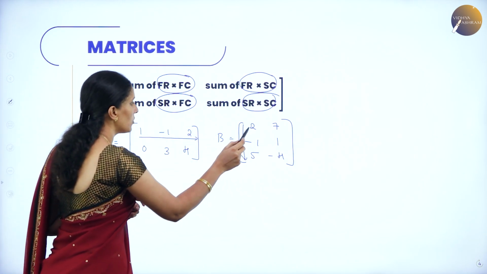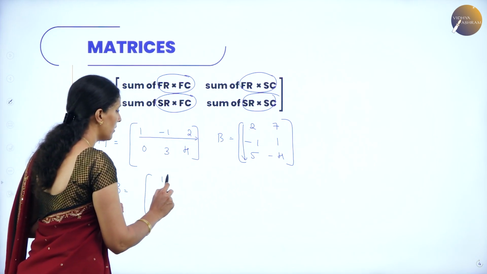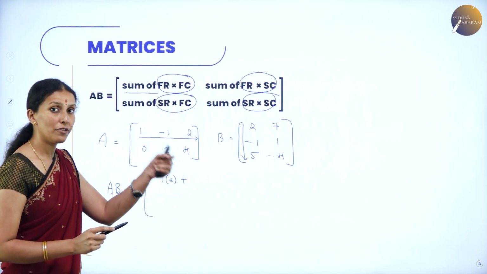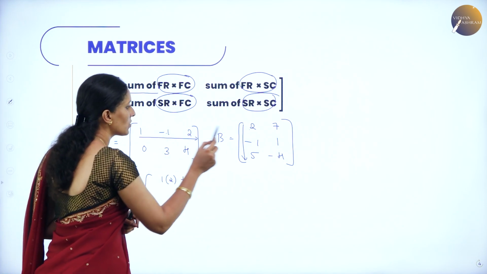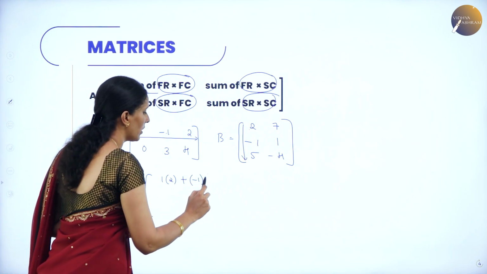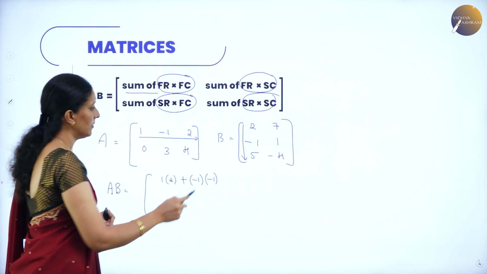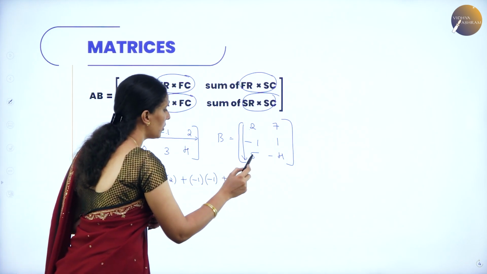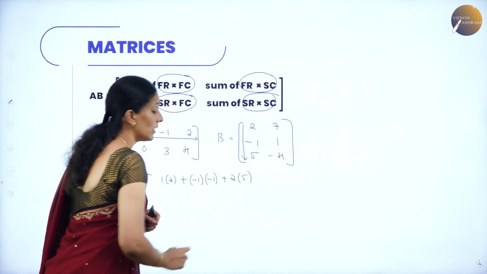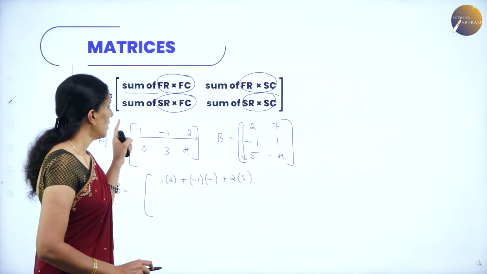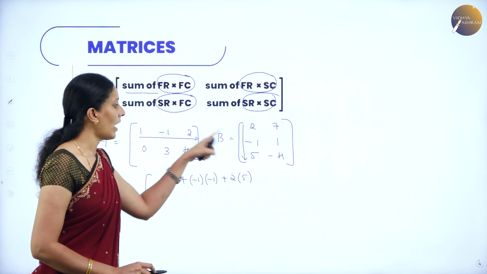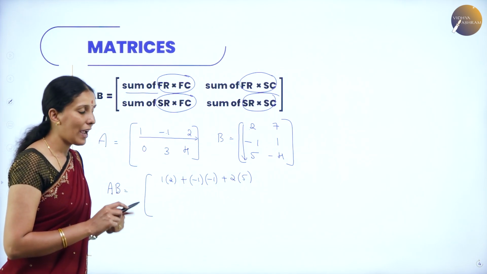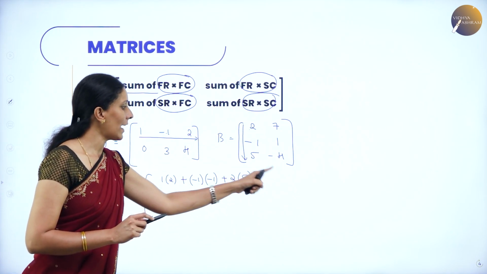That is 1 into 2, plus, because we have taken the sum of first row into first column element, next, minus 1 into minus 1, plus again, because we have to take the sum, 2 into 5. So this is how we define the sum of the products of corresponding elements in the first row and first column.